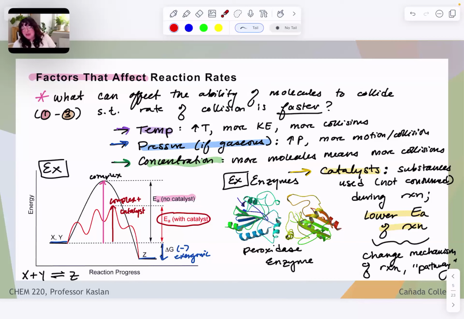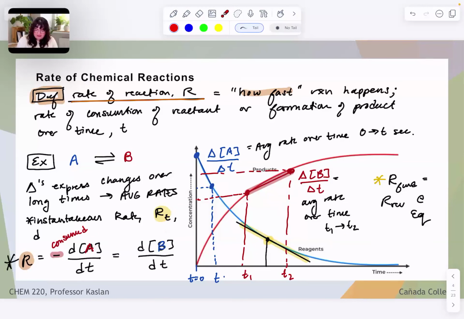And then from there, we will go into what you and I as experimental chemists care about, which is how do we model the rate of change of something over time? So how can I get a good idea of how the change in reactant concentration or the change of product concentration is occurring when a reaction happens at a particular set of conditions? So that's coming up in our next few videos. Thanks.